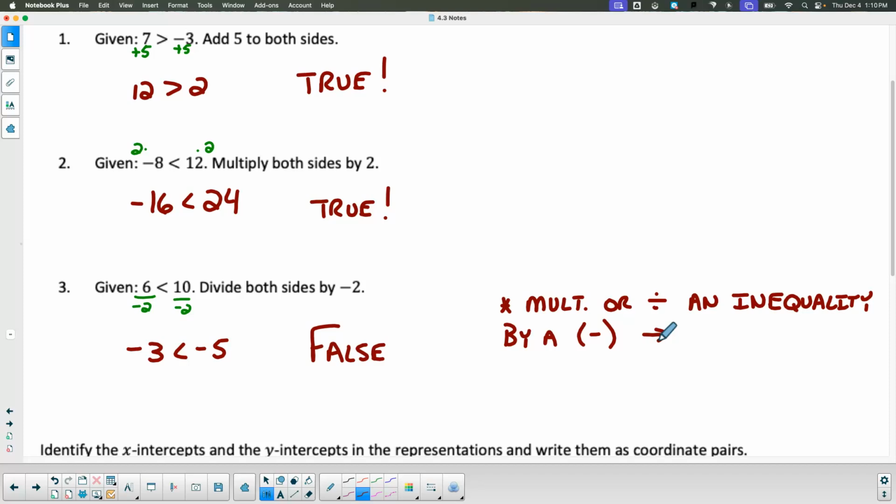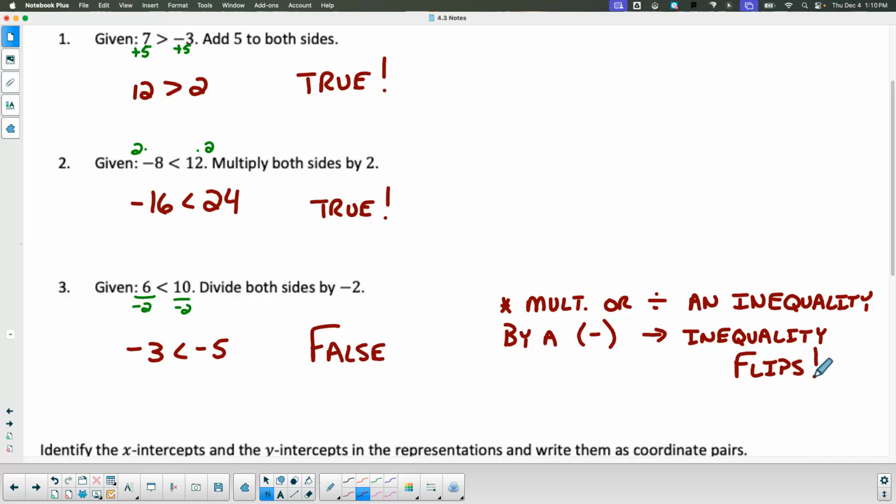Not the sign, the inequality needs to flip. Okay? So that's one of those rules when we're multiplying or dividing by a negative number in an inequality.